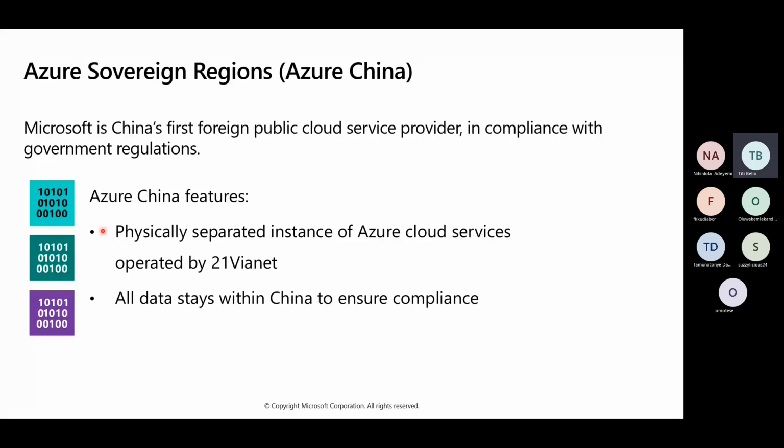For China, a physically separated instance of Azure Cloud Services is available, and it's operated by what we call 21Vianet. Also in Microsoft 365, you will see the option provided by 21Vianet. So all data stays within China to ensure compliance with China's data regulations.